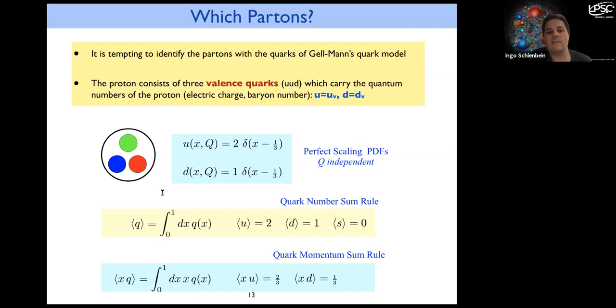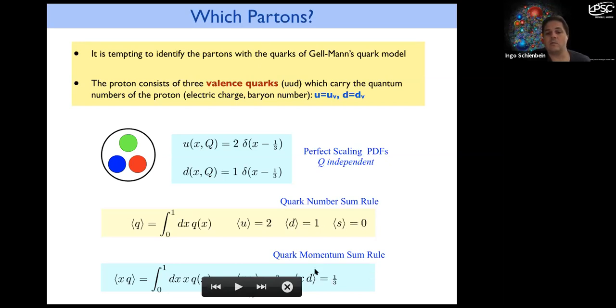And so naively, you could say, okay, there's an up quark distribution of x, and each of these three quarks carries 1/3 of the proton momentum. So it's delta(x - 1/3), and a factor of 2 because we have two up quarks. And then one can calculate quark number sum rules by integrating over these distributions, and we find that this integral for the up quark gives 2, for the down quark 1, for a strange quark it would give 0.